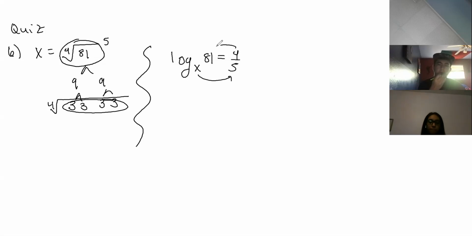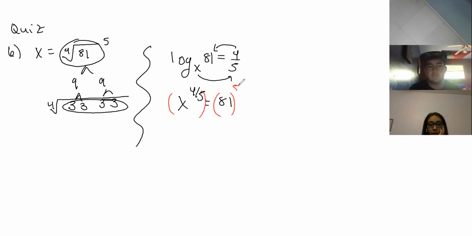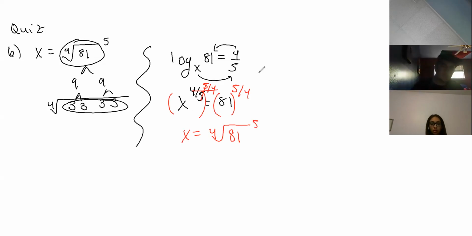And when I did it in the video, I showed this part, correct, Andrea? Yes. And then what did I do to both sides to get rid of the 4/5 power? I raised both sides to 5 over 4. Sorry, I just did it a different way. It's okay. Does this make sense? Yeah, that makes sense. And do you know how to fix whatever way you did it to get it to be like this?